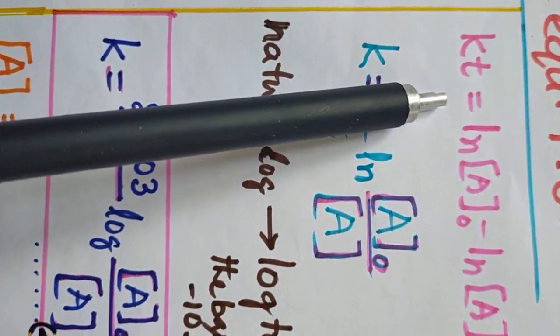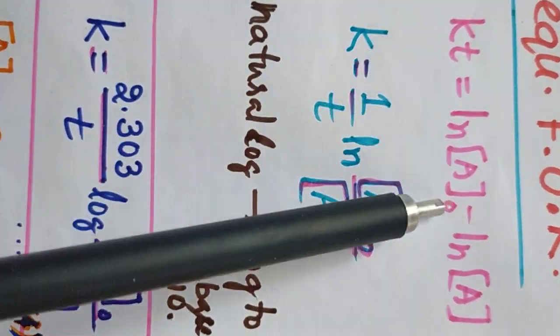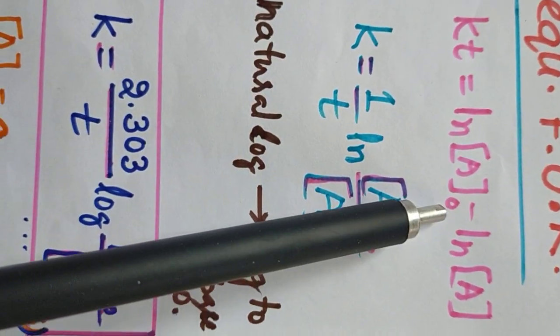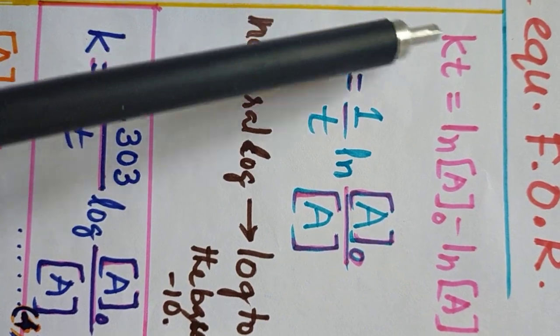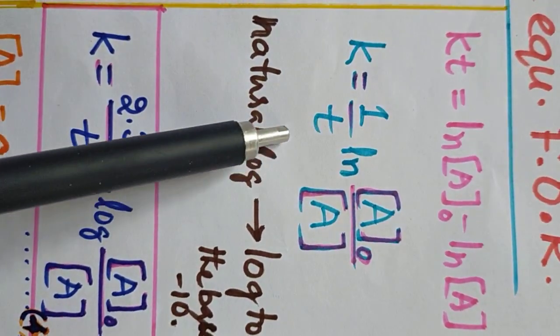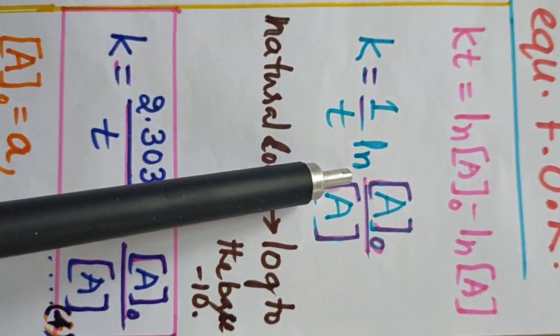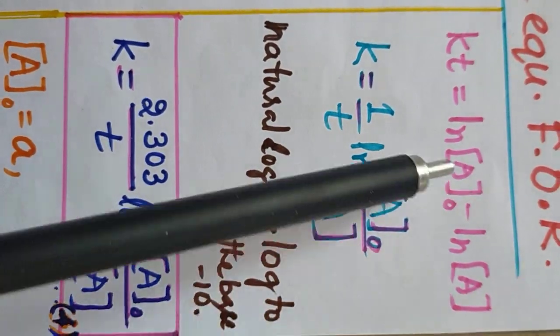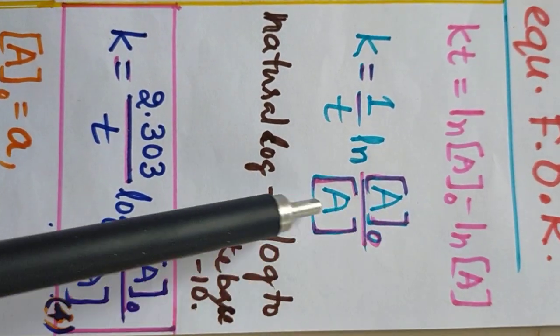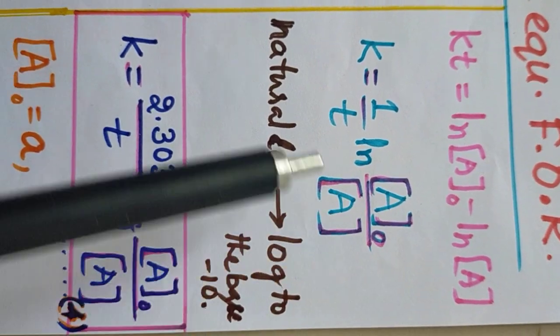Kt is equal to ln A naught minus ln A. By changing the signs, you can go through the simplification step. In the next step, the t comes down, so K is equal to 1 by t into ln of A naught minus ln A. Log A minus log B is equal to log A by B, so ln of A naught divided by A.